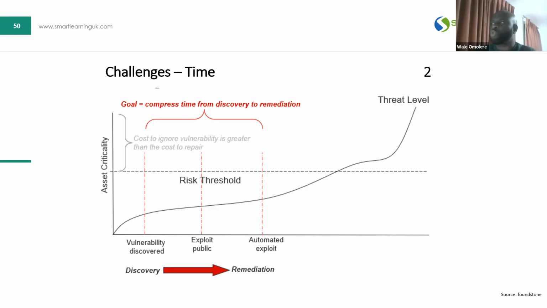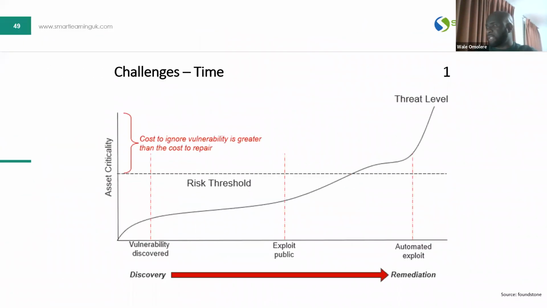So what this graph depicts for us is that on one hand, the asset is important, it's critical. On the other hand, it is a race against time if the exploit code is in the wild. This one is different because discovery and remediation is long, because of when the vulnerability was discovered, the time that the exploit code is in the wild, and when it becomes automated.